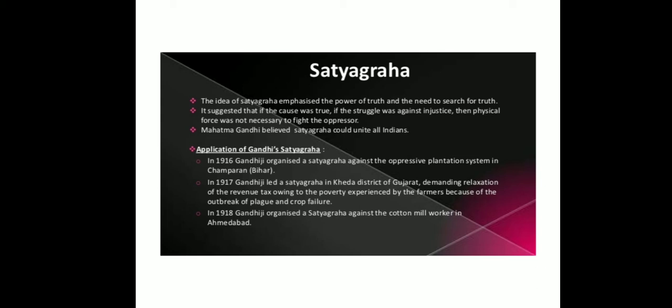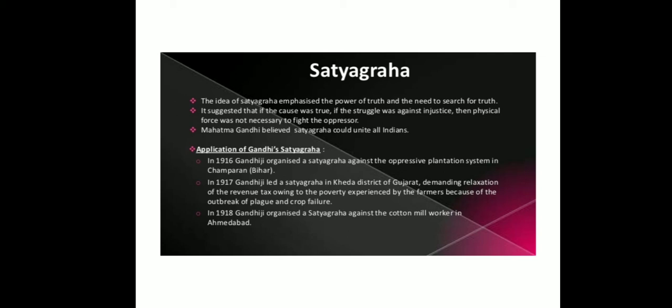In 1918, Gandhiji organized a Satyagraha for the cotton mill workers in Ahmedabad. Here, what they are saying is that these were the movements started by Gandhiji in opposition to British rule. That means in 1916, Champaran farmers were forced to grow opium.